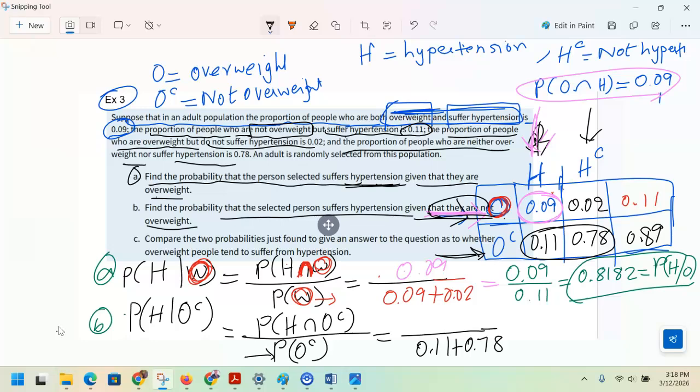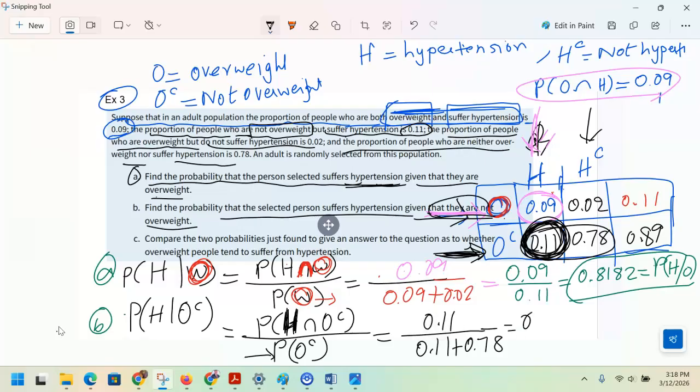So the numerator will be 0.11, because this number is for people both suffering from hypertension and not overweight, which is 0.11.